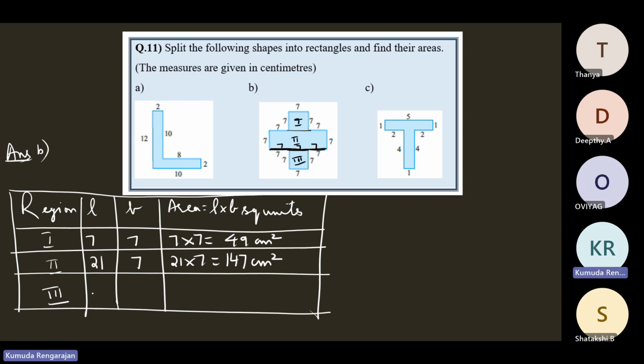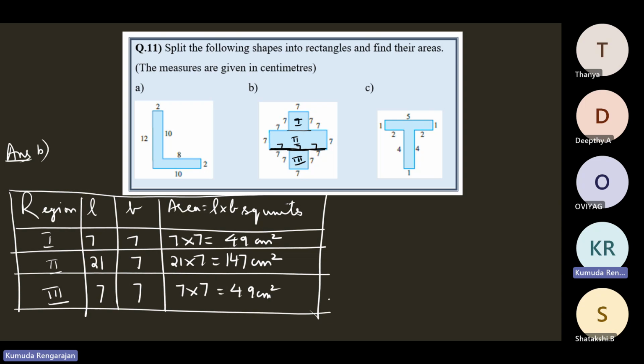Very good. Yeah. Region 3, length and breadth. The length is 7, ma'am, and the breadth is also 7, ma'am. Very good. And the area is 7 multiplied by 7 is equal to 49 centimeters square, ma'am.